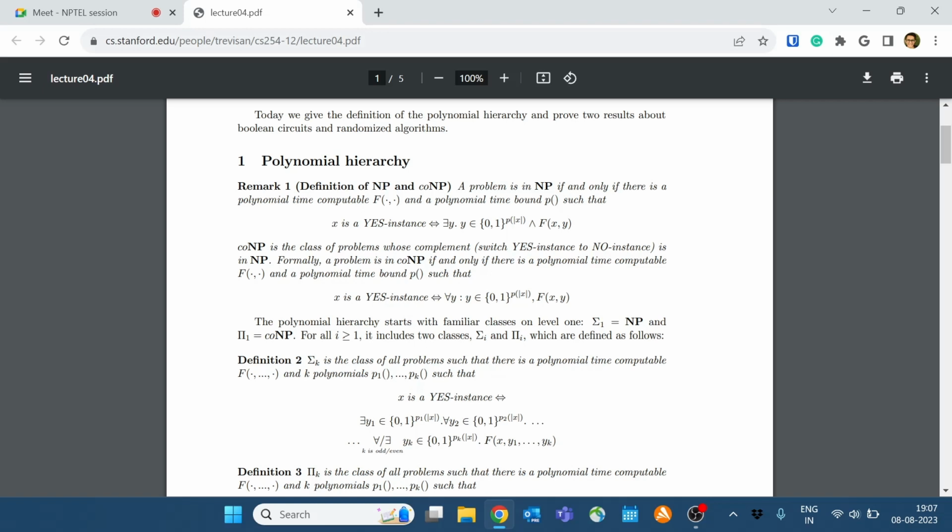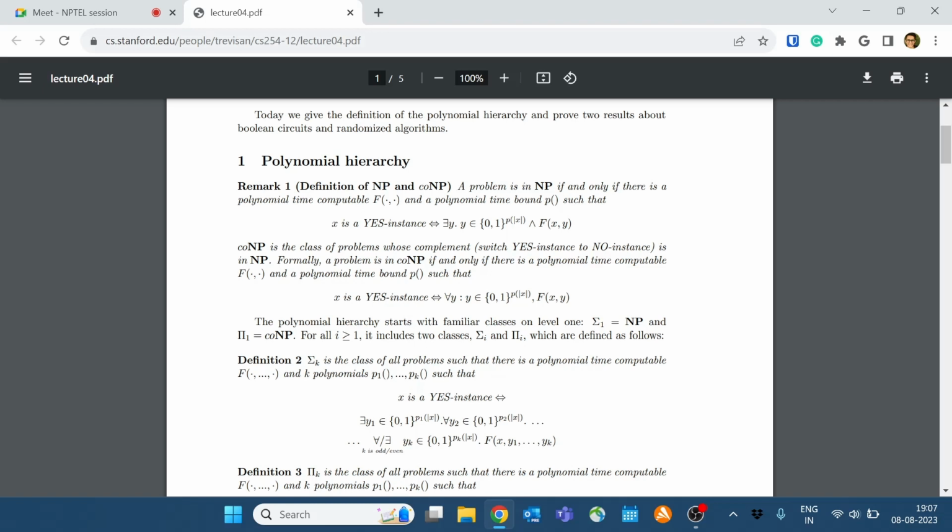So now what should I write over here? Can you tell me? So if x is a no instance, then the complement of f. Wait, if x is a no instance, it is the complement of f.